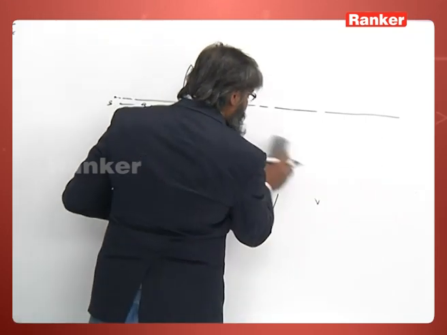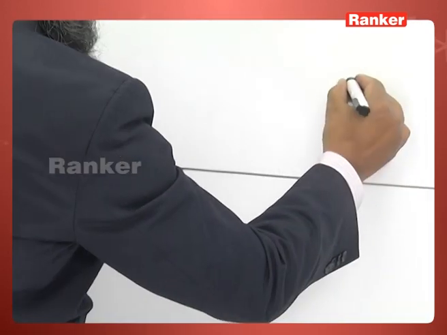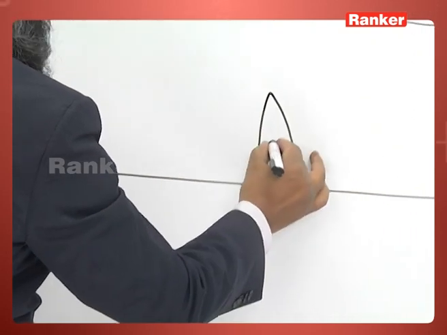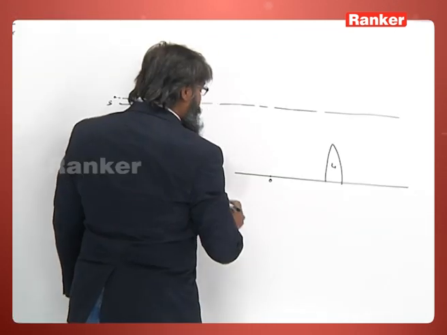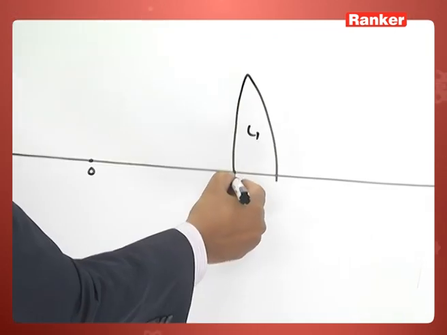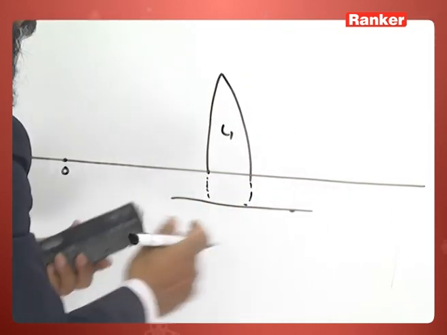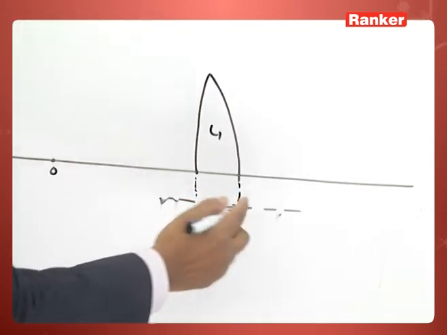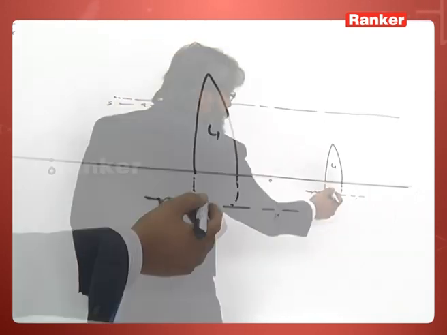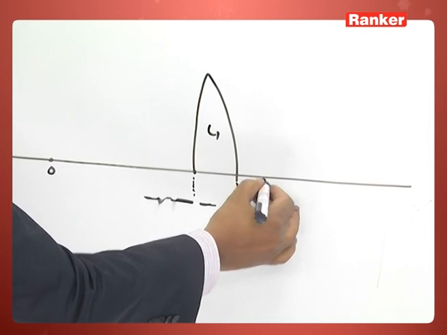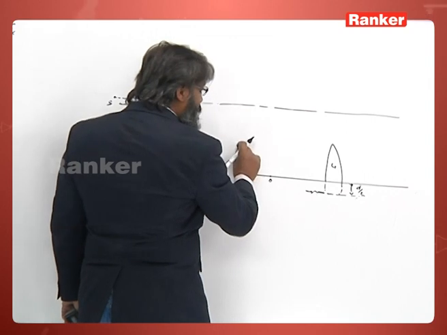Now, let us first calculate with geometrical optics where the image is formed. This is my lens. Suppose I just consider the upper half. This is my object O, and this is the optic axis of the lens, and this distance will be d by 2. Now, because of this lens, where is the image formed?